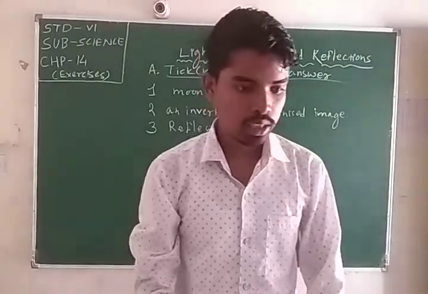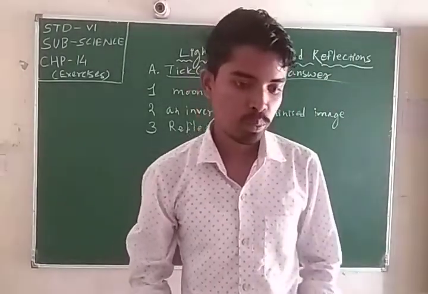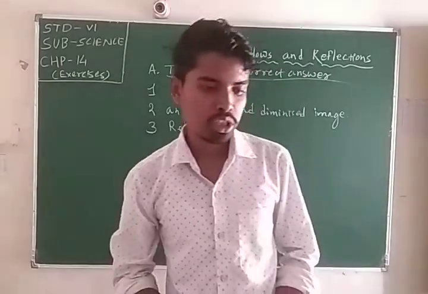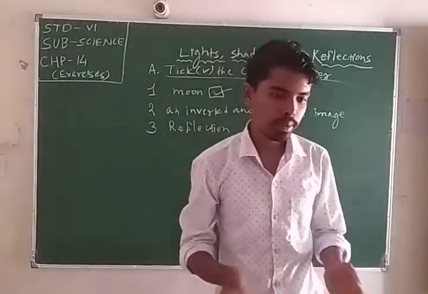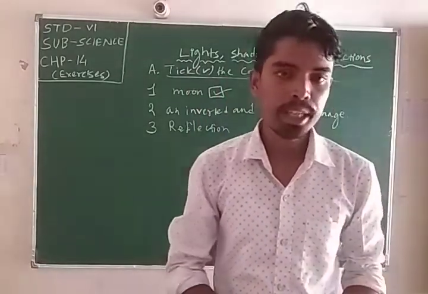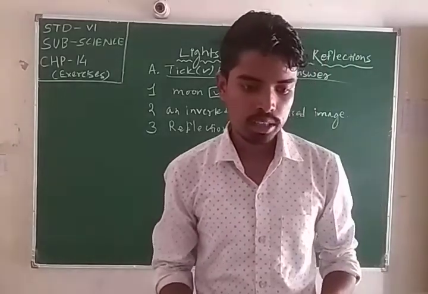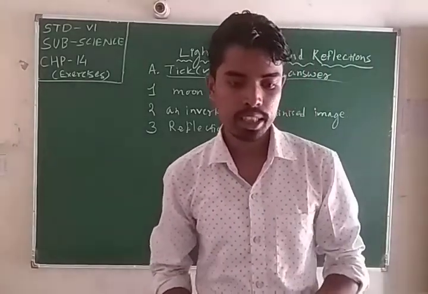Next, number 4: which of these is not essential for a shadow to be produced? The options are A, mirror; B, a light source; C, an opaque object; D, a screen.